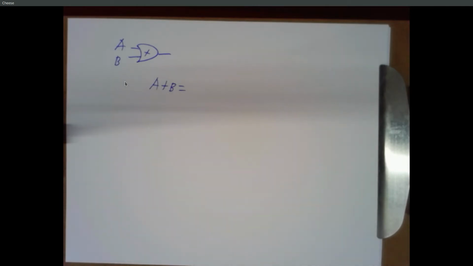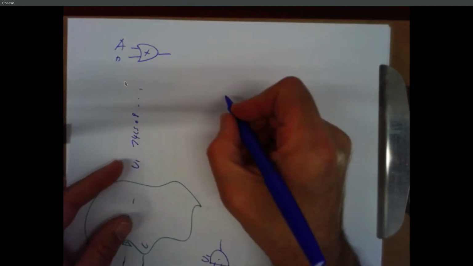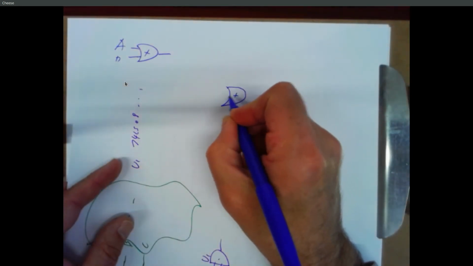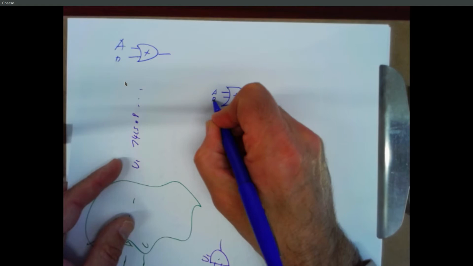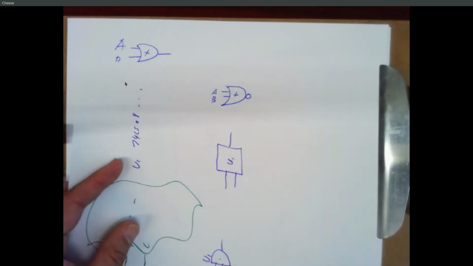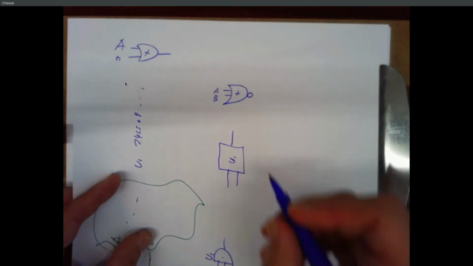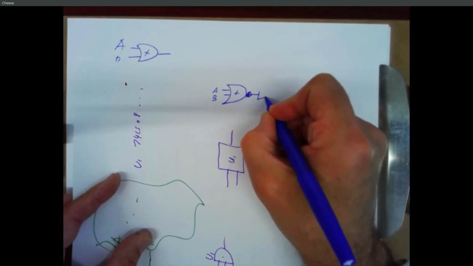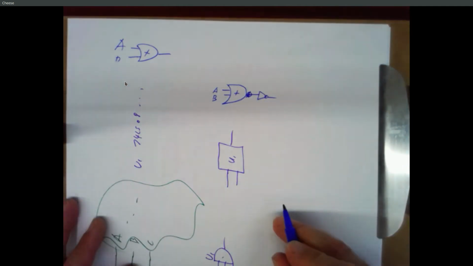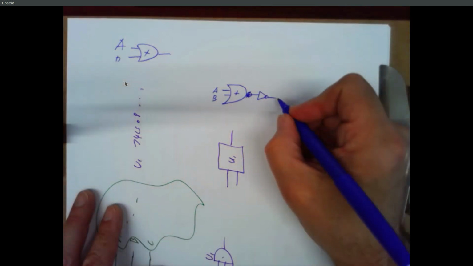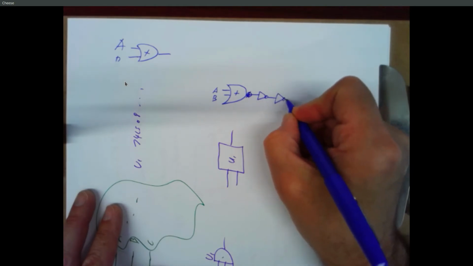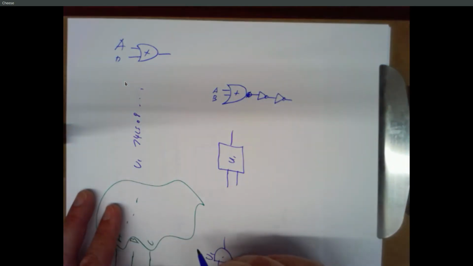Right? So an OR gate, we got a little bubble on the output here for a NOR, right? That bubble we can just think of as being an inverter. And if we want to turn this into an OR, we just have to throw another inverter on the output.